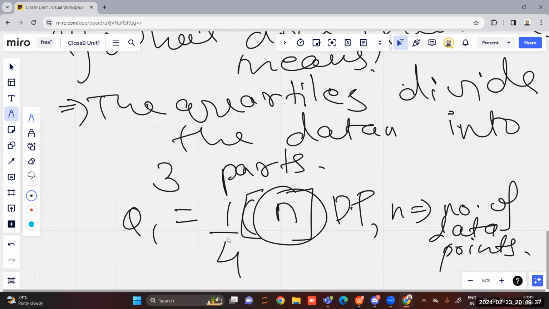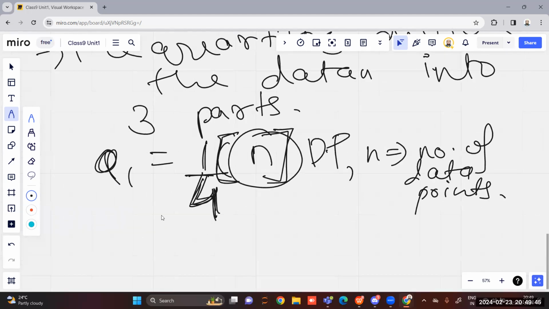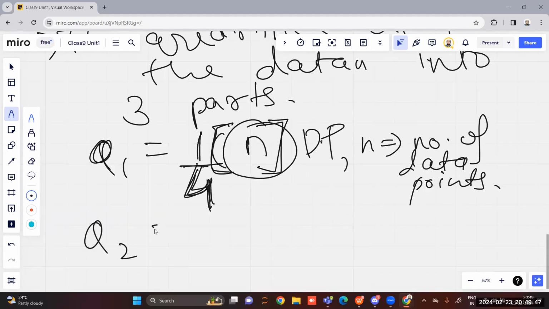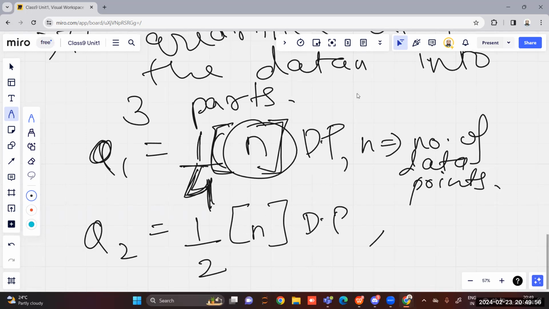I'm just writing the formula. I'll explain further with an example. The 1/4 data point is known as the first quartile. We have seen what the median is, the middlemost data point, half of the data points. When we divide the data into two parts, with equal points to the left and to the right, the data point in the middle is called the median.